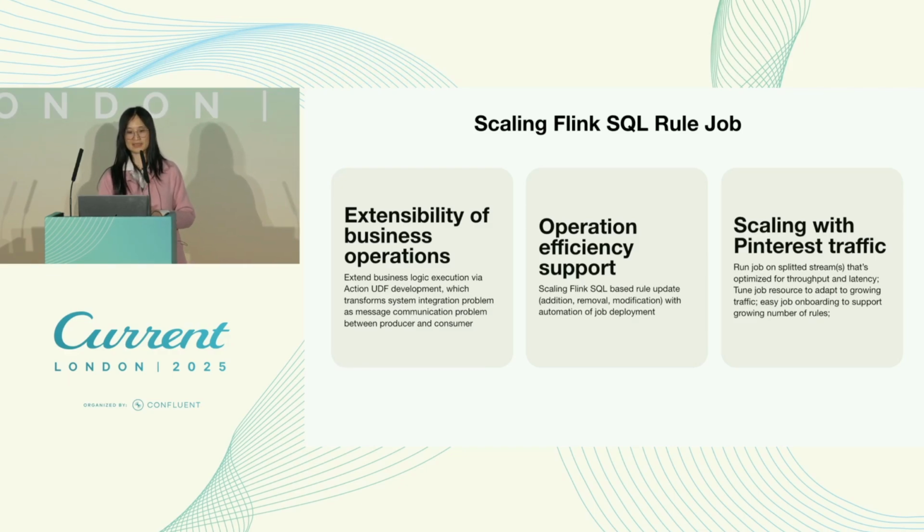From the job maintenance perspective, all jobs run on a stability setting that's already optimized for throughput and latency. All the job capacity and resource utilization is monitored and tuned when we see room for improvement. This allows us to grow with Pinterest as the traffic scales.